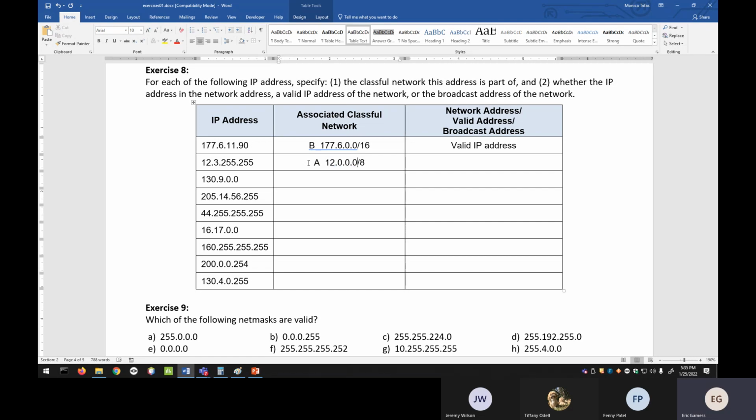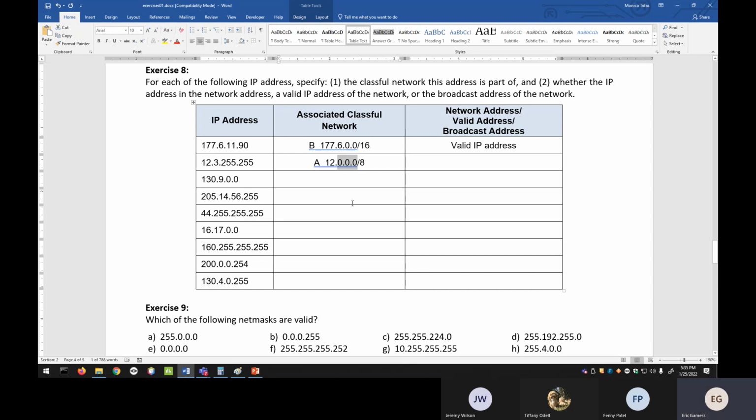12.0.0.0. So this IP address belongs to the network 12.0.0.0, which means I cannot change the first byte. All the other 3 bytes as I want. So if I want the network address, which is the first IP address, I put the last 3 bytes in 0.